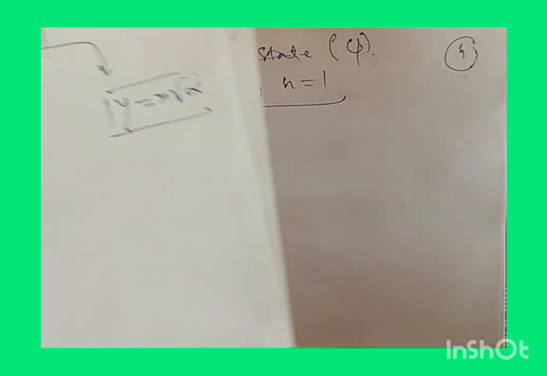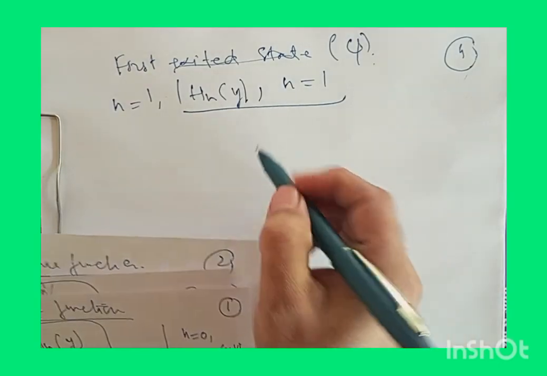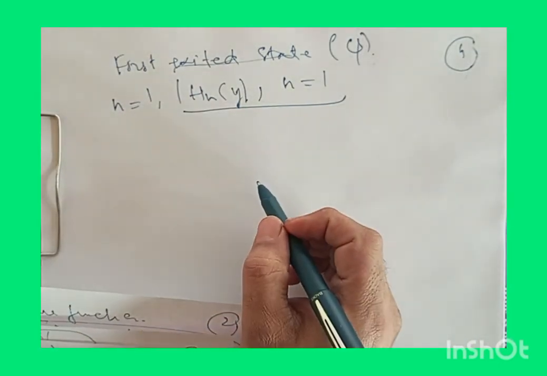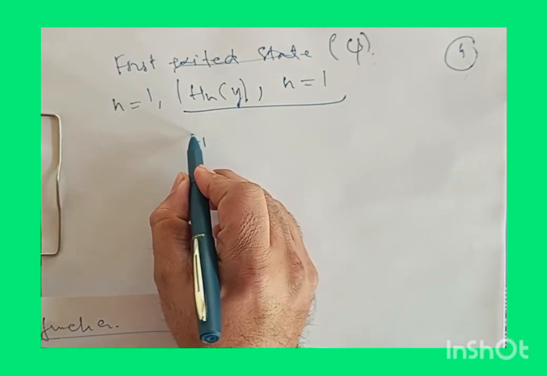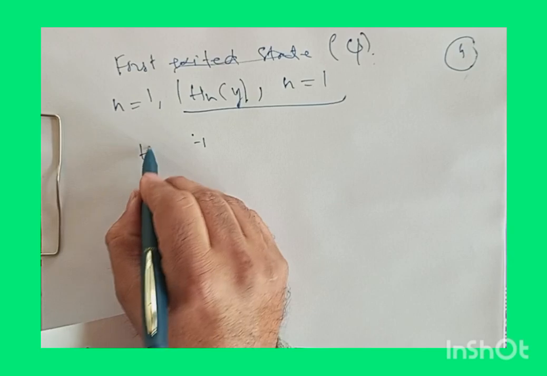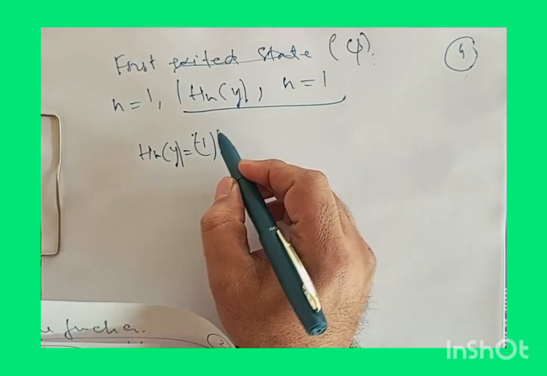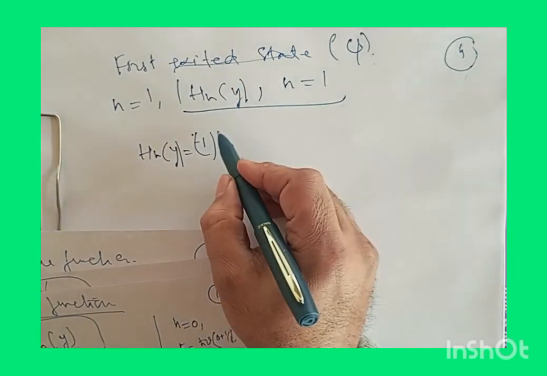So I have here my Hn of y. I will have to go with a single derivative, and what I am going to get here is minus 1. So Hn of y will be equal to minus 1 whole raised to the power 1.